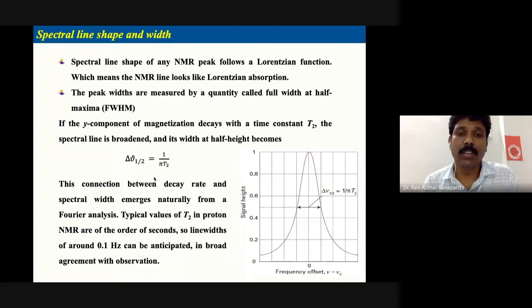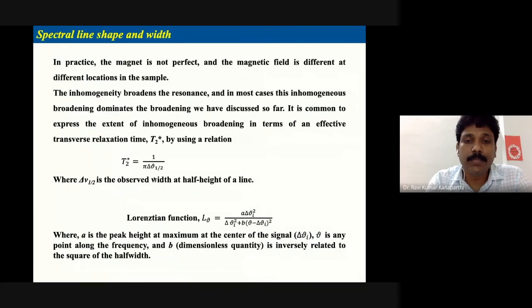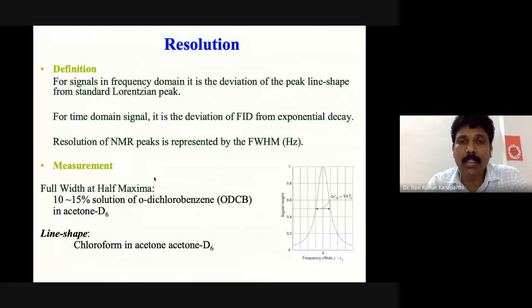Here is also the same situation, and the FWHM, that is delta mu half, a smaller value of delta mu half is preferred, and then the resolution, actually this comes to the discussion of the resolution.